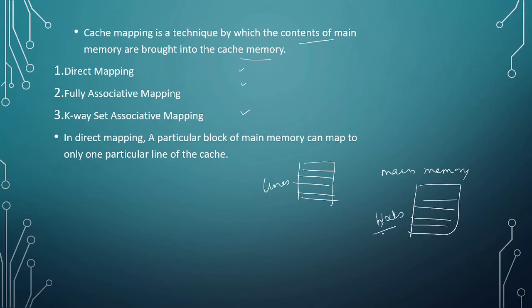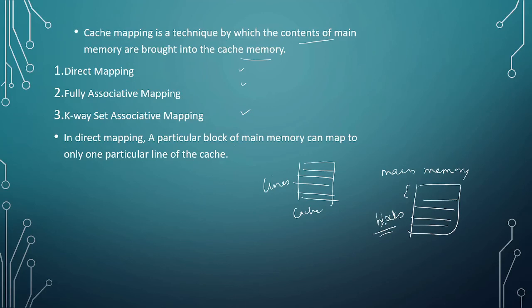A block is nothing but a chunk of information itself. In the main memory, a chunk of information together will be called a block. So with cache memory we use the word lines, and with main memory we use the word block. Entirely this is a very big topic to discuss for direct mapping, but I'm just giving you the idea here.